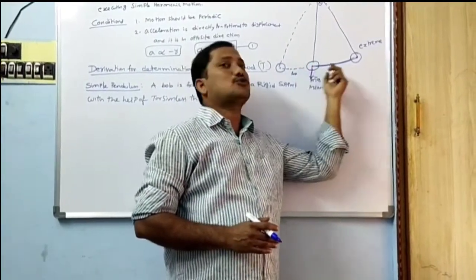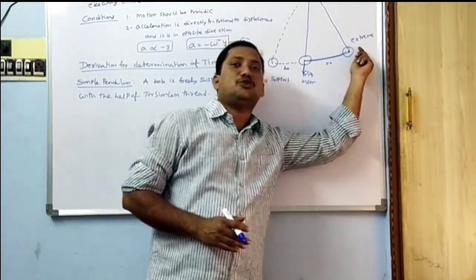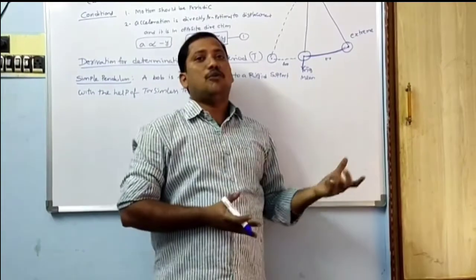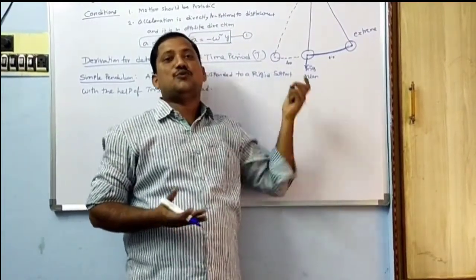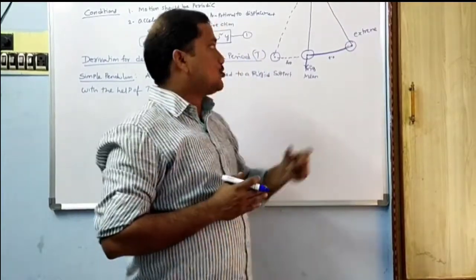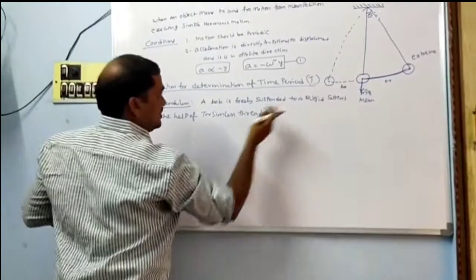When the bob moves to the extreme position and again comes from the extreme position to the mean position, there must be some force which pulls the bob towards the mean position, which we call the restoring force.